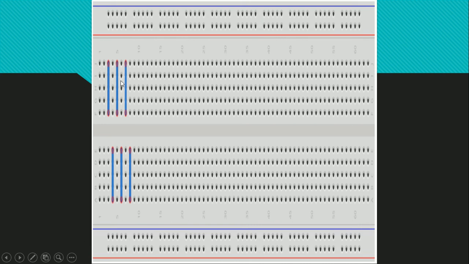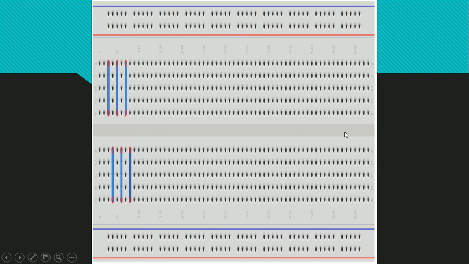And it also illustrates that this is horizontally connected, while these points in the middle of the breadboard are all connected in vertical fashion. So if you connect, for example, the anode of the LED, these points all belong to the LED. That's the notion for this breadboard.